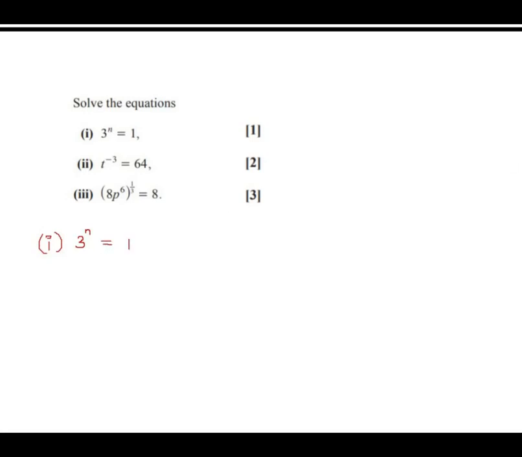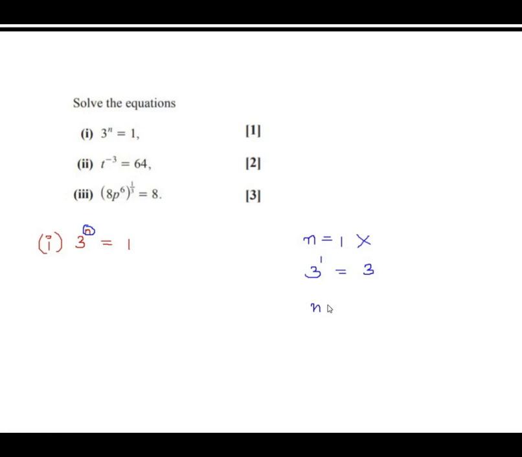Now, think about a value of n when 3 is raised to that value, you get a value of 1. So if you take n equal to 1, so let us substitute here, we get 3 to the power of 1, which is 3, which is not a correct value.